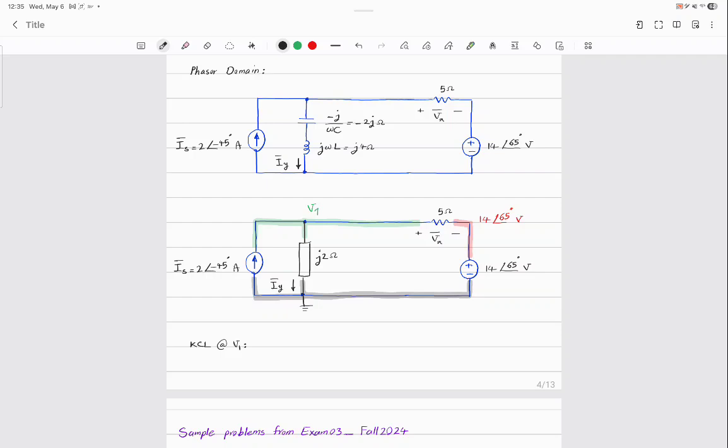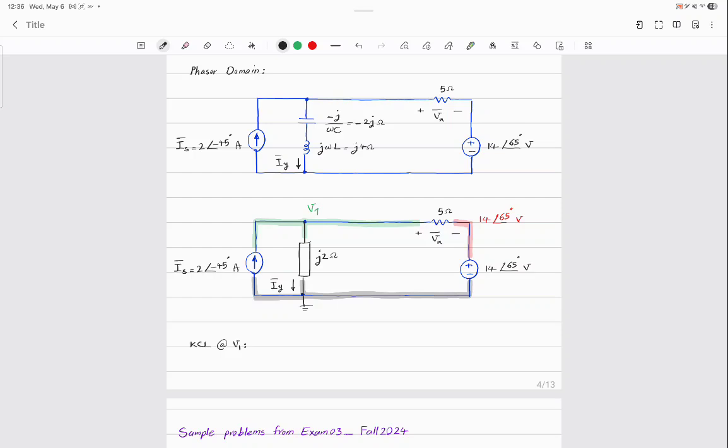I'm writing KCL at V1. Can you come again? Whenever you're confused, just imagine everything replaced by very simple resistors, and then do it in your brain and then go back to real life.